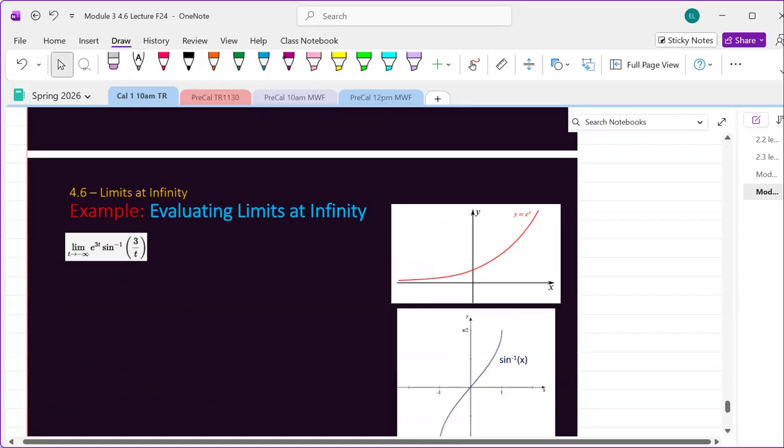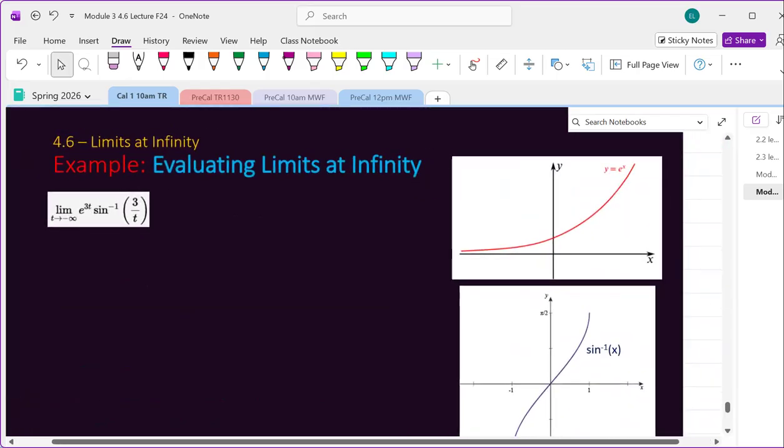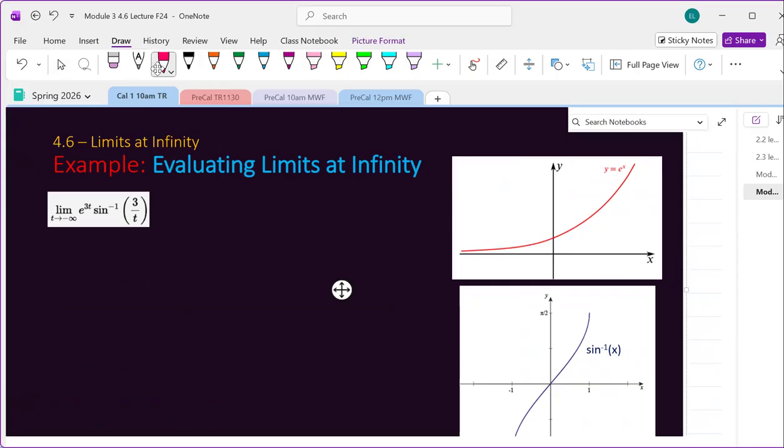All right. Last one. We're looking at the limit as t approaches negative infinity of this weirdness. So if I quote unquote substitute in negative infinity, I'm going to get e to the 3 times negative infinity, and then we have inverse sine of 3 over negative infinity.